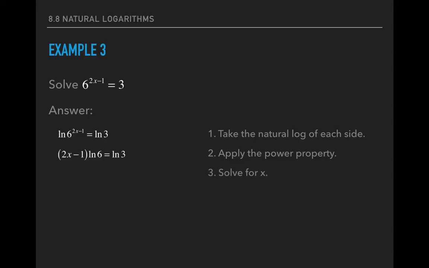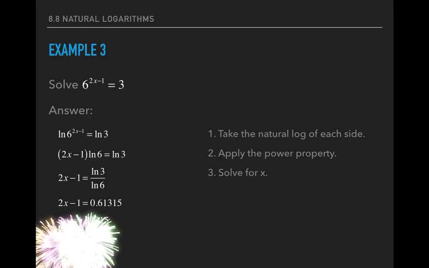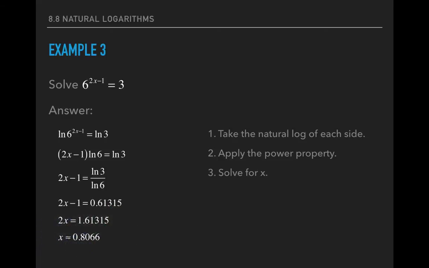If you start the process of solving, you're going to divide by the natural log of 6 on each side, which gives you a decimal amount, and try not to round until the very end. Adding 1 will give you 1.61315, and then just divide by 2. You should get approximately 0.8066.